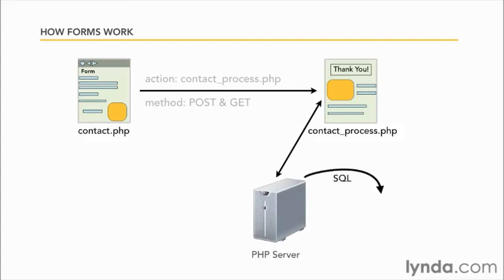This information is then written to the database, returned to the user, or any of the other myriad uses for form data. While this description is a somewhat simplified explanation of how forms work online, for most forms, this is the basic framework.